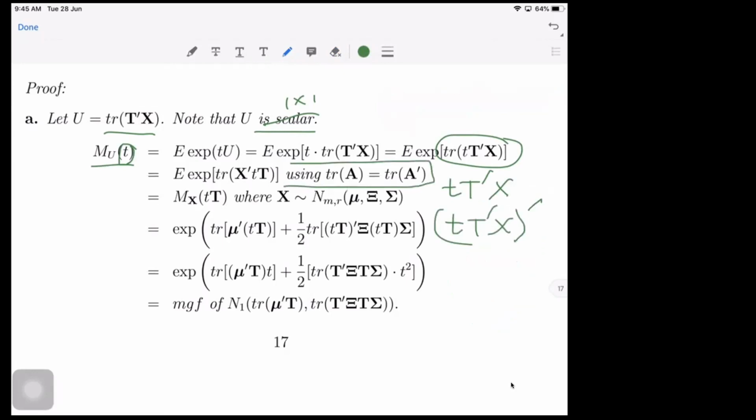According to this, kini man daw gigamit. So this is, by definition, X prime T, kay T prime prime, man T prime, no? Correct? Yes, ma'am.